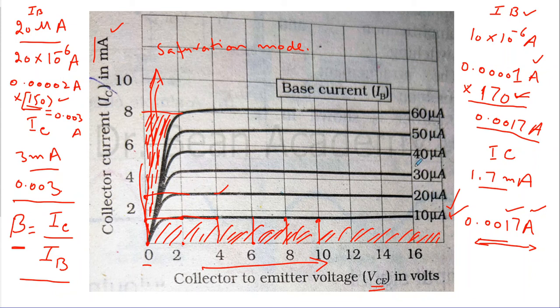Whatever you increase the base current to, the collector current is also amplified proportionally. We call this beta the current gain. You know the collector current IC, and you already know the base current. Just take their ratios and you can find the amplification factor for each of these curves.